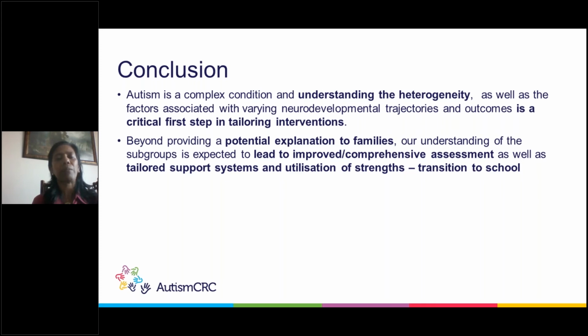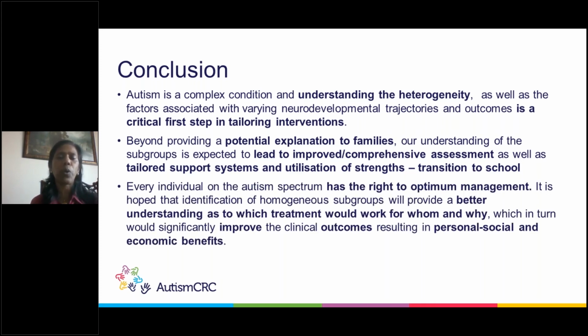That should be our main thing that we foster when we are looking at transition to school. So they all have the right to optimum management, and better understanding will clearly help us to provide the right supports for the right child in the right setting at the right time, hopefully early enough. Thank you.